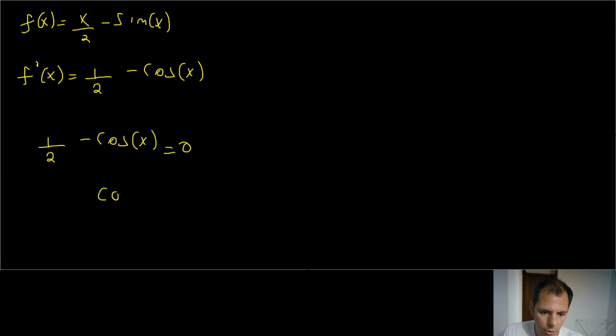That means you want the cosine of x to be half. When's the cosine of x going to be half? Well, the first time the cosine of x becomes half is when x equals pi divided by 3.